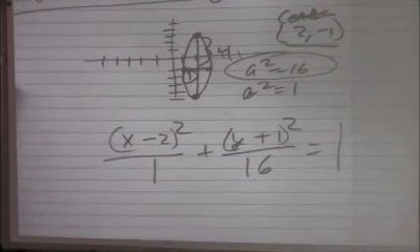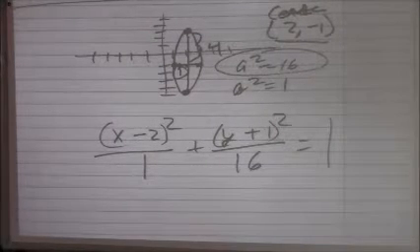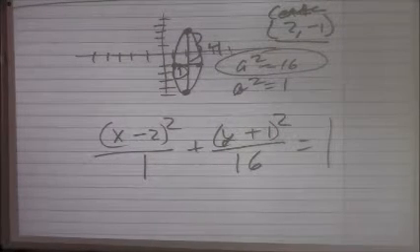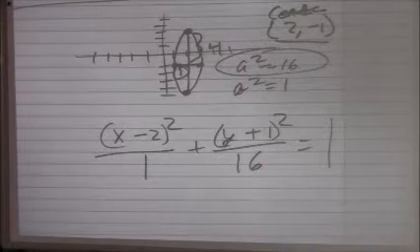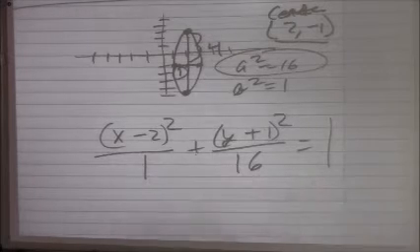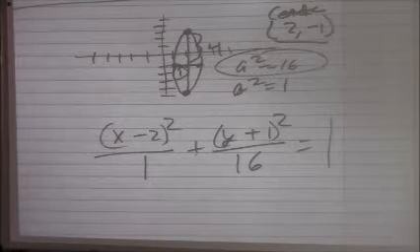And now I need to rewrite it, because although this is legal, I want you to do it the way everybody else does it everywhere that ellipses are done, which means the one with the a squared has to go first. Even though it's plus and it really doesn't matter, I just want you to get that habit of convention. When you do hyperbola, it won't matter because one's negative, so you have no choice whatsoever. So I would rewrite it to this.